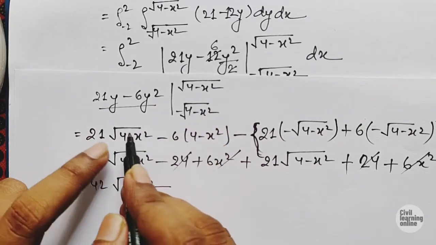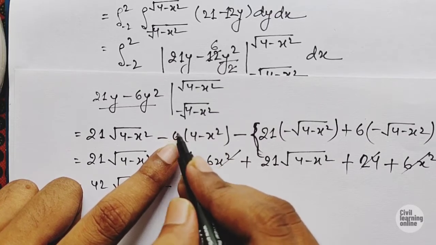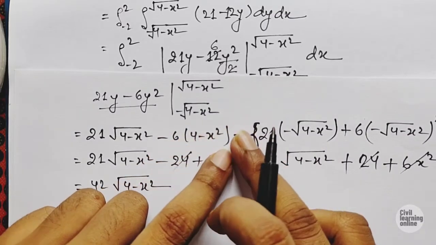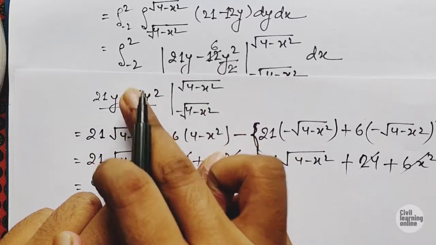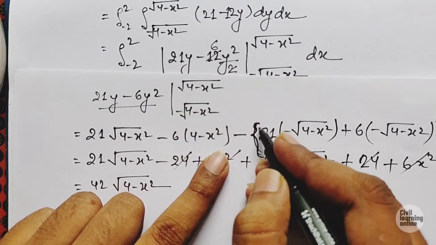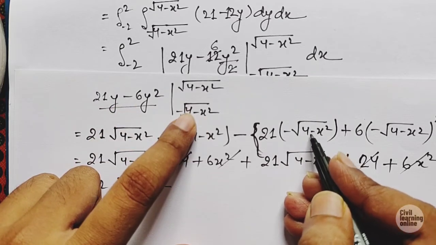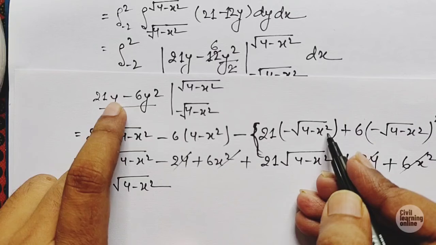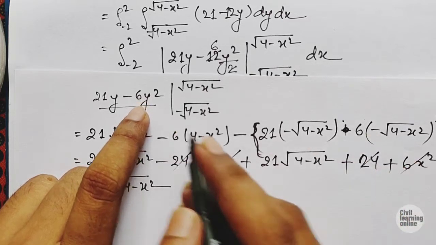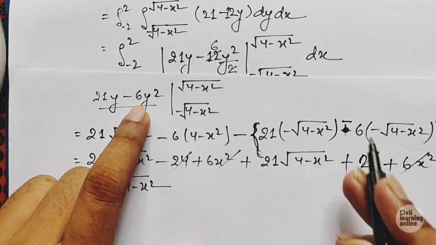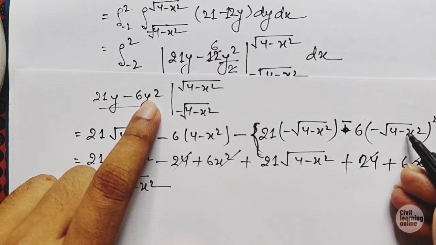First we put the upper limit: 21 times root under 4 minus x square, minus 6 times the square of root under 4 minus x square, which is 4 minus x square, as the root gets cancelled with the square. When we put the lower limit, it will be minus, so there is a minus and this whole bracket. The lower limit is minus root under 4 minus x square, so 21 times minus root under 4 minus x square, and the sign will change. Then minus 6 times y square, which is 4 minus x square.